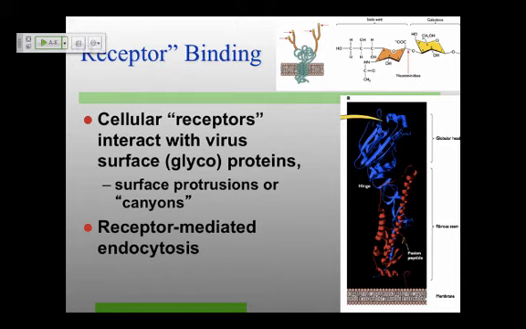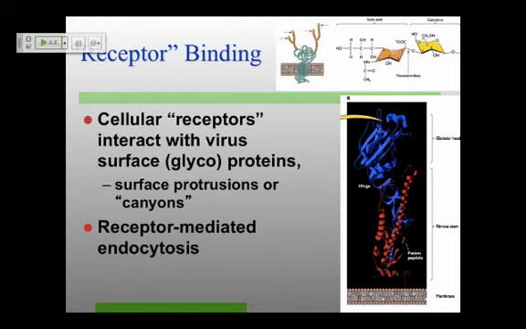So a lot of these, even cellular receptors, are also going to be glycosylated. And sometimes the receptor binding protein is going to interact with that glycosyl group, and sometimes it'll interact with a protein much more specifically.